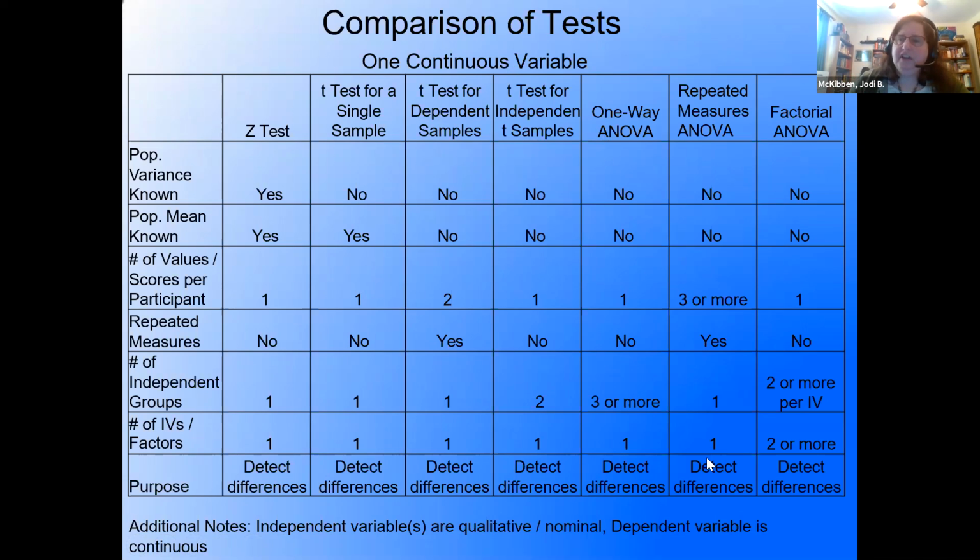The other thing common to all of them is that they're all designed to detect differences. So if you have one continuous dependent variable and you're detecting differences, you can narrow it down at least to this set.